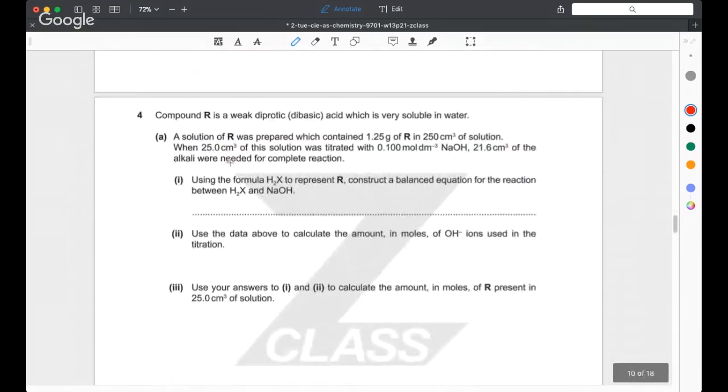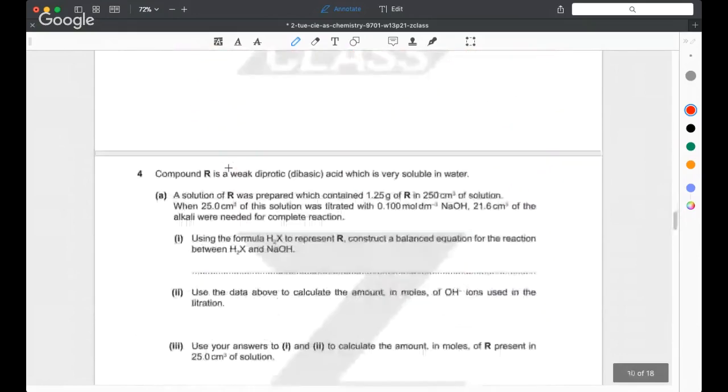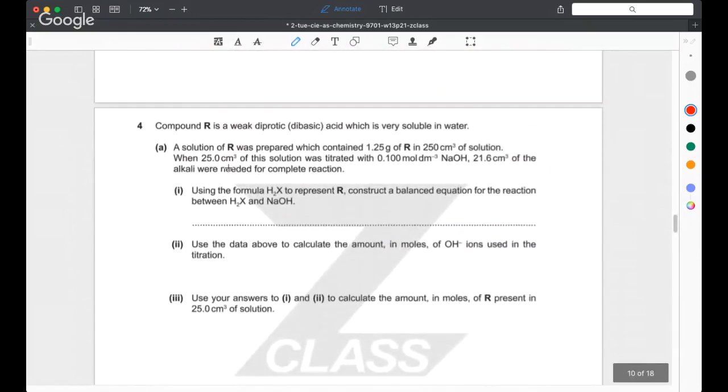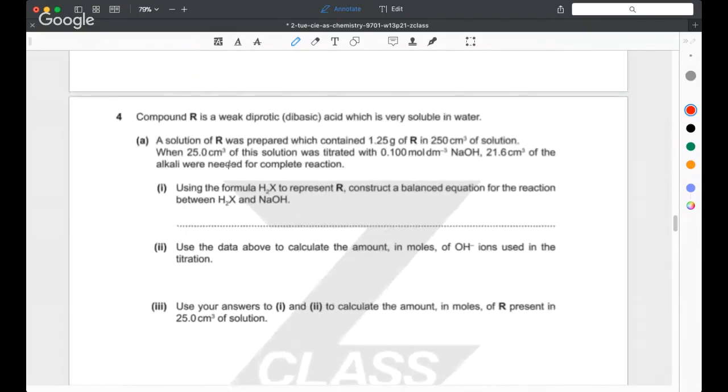Okay, good. We finished that question about the chlorides in group 3. We're now looking at your ability to work with calculations involving concentrations, basically. So you've got this diprotic acid.